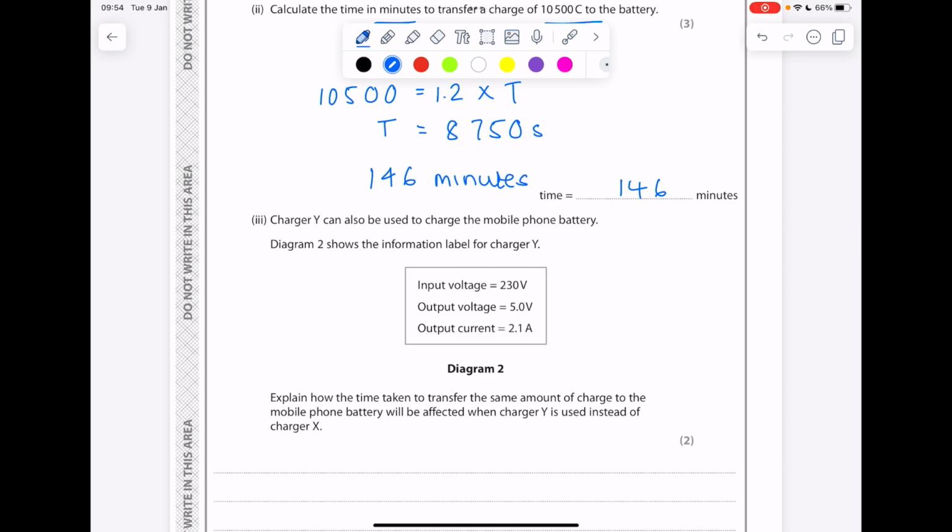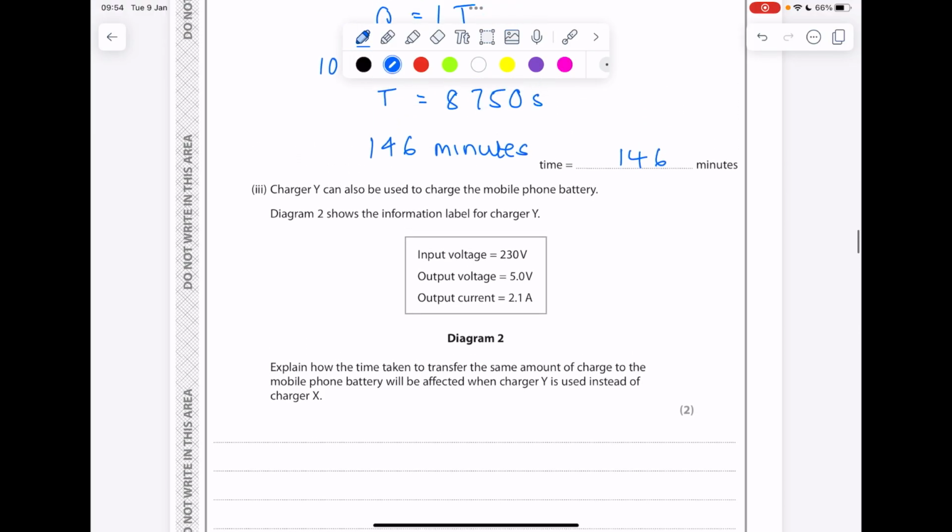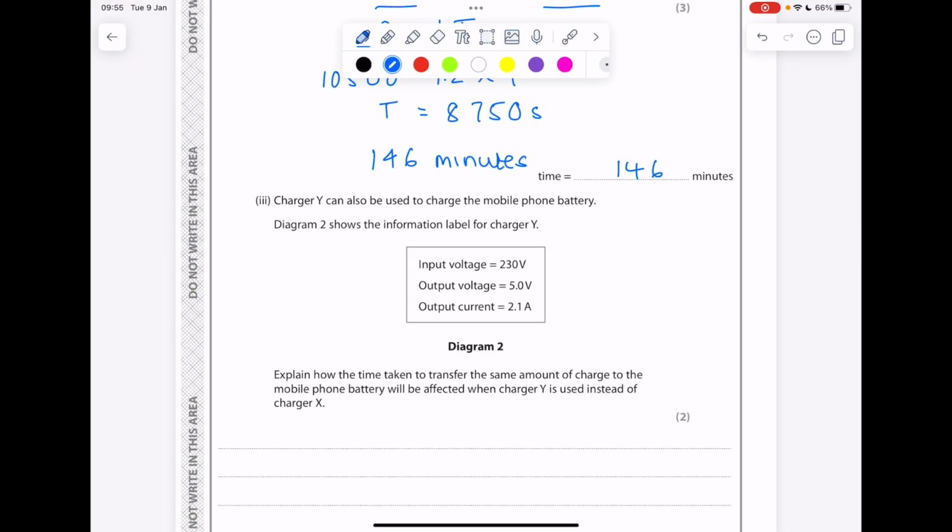Charger Y can also be used to charge the mobile phone battery. Diagram 2 shows the information label for charger Y. Explain how the time taken to transfer the same amount of charge to the mobile phone battery will be affected when charger Y is used instead of charger X. So what's true about charger Y? We can see that the output current is greater compared with charger X, which means that the time will be less.